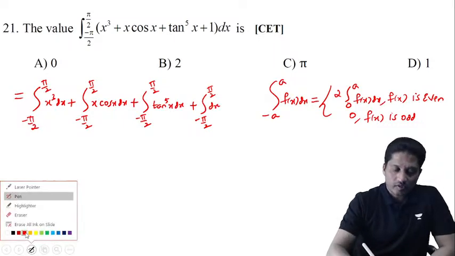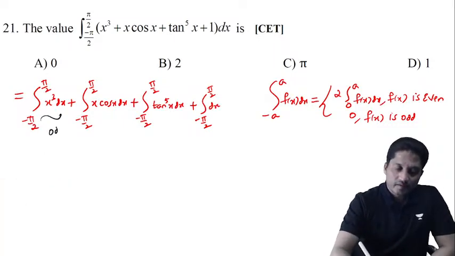This is x cube is odd. Okay, x into cos x is odd. Tan power 5x is odd. These fellows will be 0.